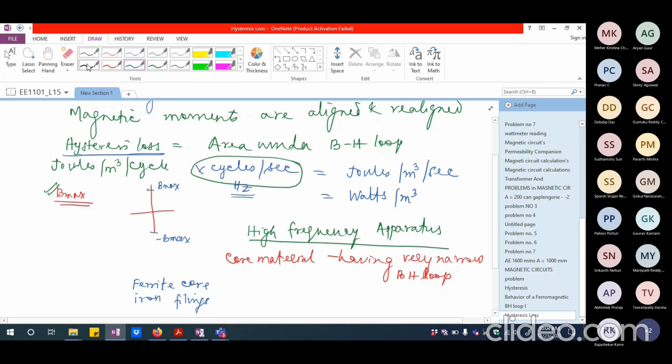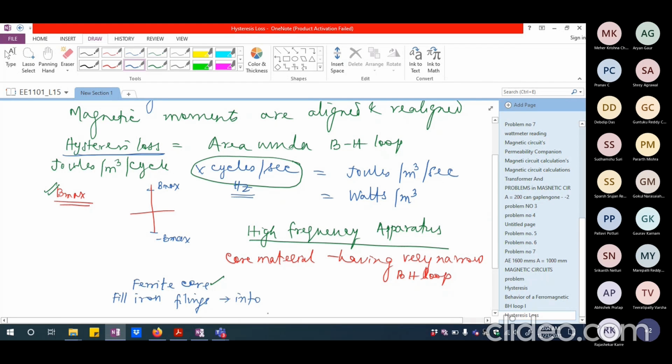So generally, what is done for high frequency apparatus is either you use a ferrite core or you fill these iron filings into some kind of non-magnetic material.